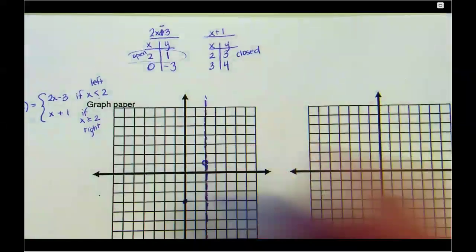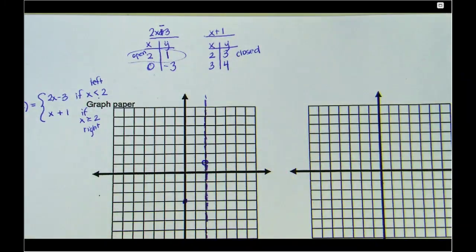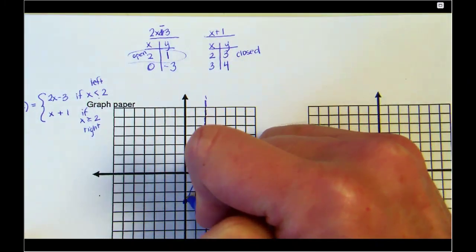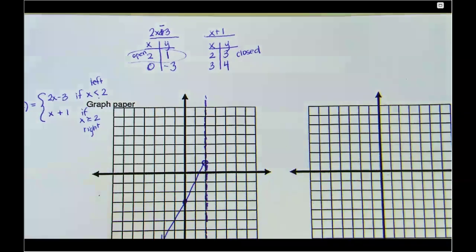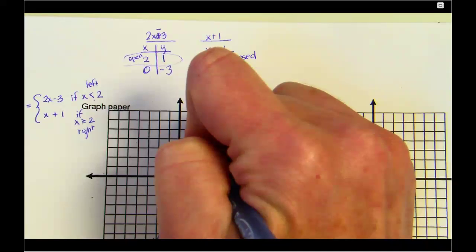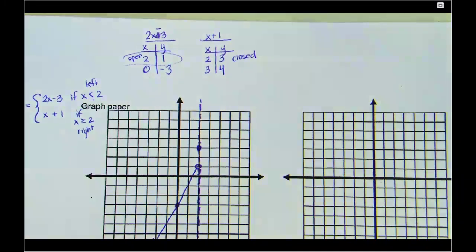Okay, so 0, negative 3. There's your 0, negative 3. We're going to draw this line. It goes to the left. So, draw your line. Okay, now you do the other one. 2, 3, that's a closed dot. So 2, 3, also on the line. So you're always going to have one open, one closed on the line.